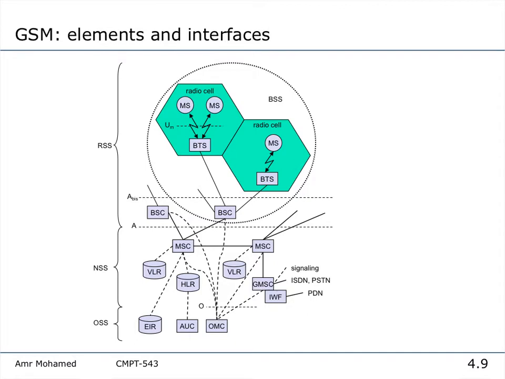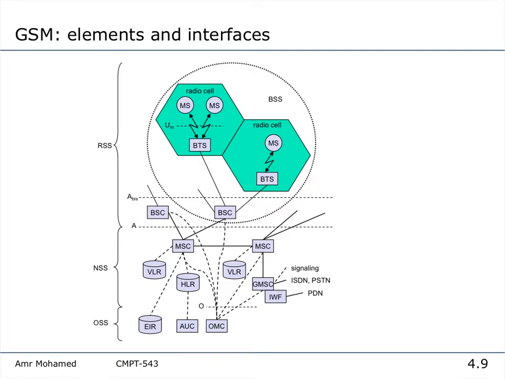Which means that we can mitigate the interference between those two cells through space diversity or through frequency assignment of the channels. So we need to have some separation between the frequencies assigned between these cells.